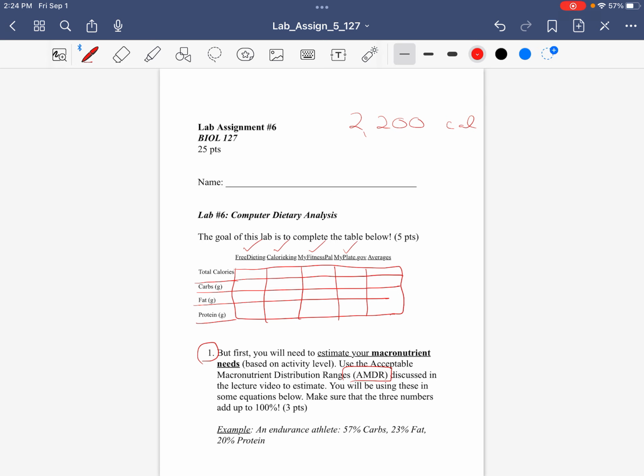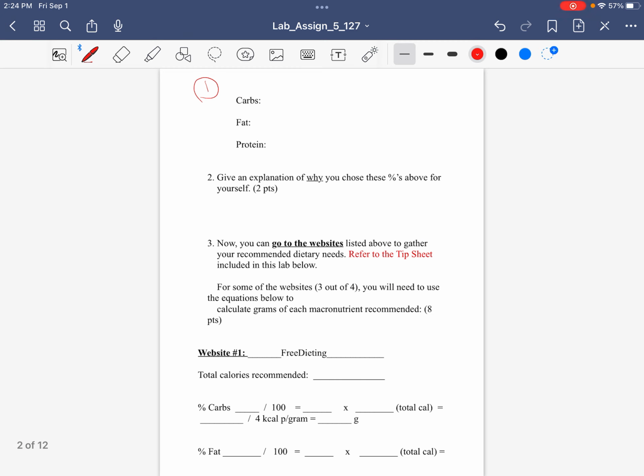Let's just review though. What is the range for carbohydrates? For most people, somewhere between 45 and 65% of their diet should come from carbs. For most people, somewhere between 20 and 35% of their diet should come from fat. And for most people, somewhere between 15 and 30% of their diet should come from protein.